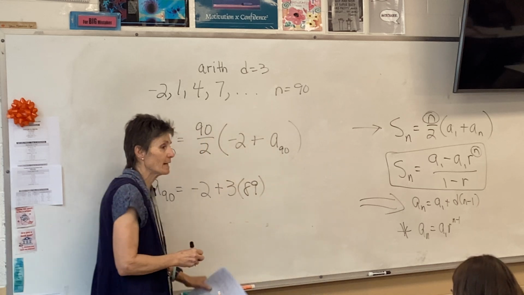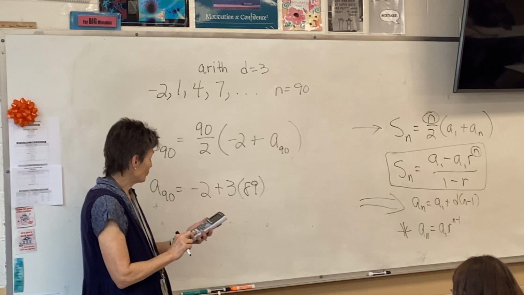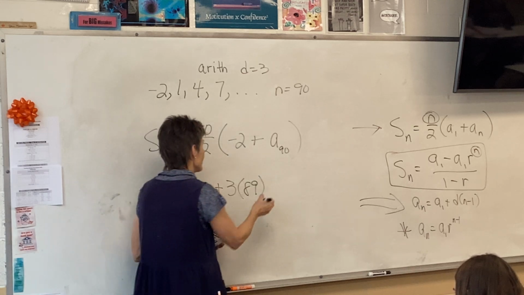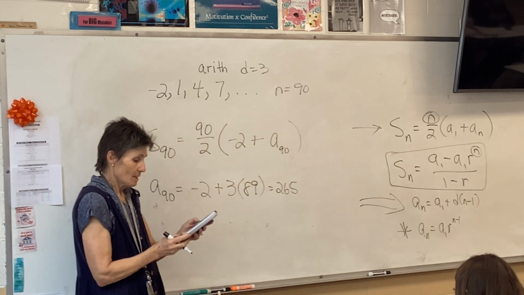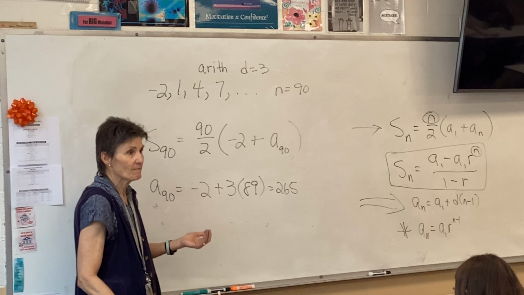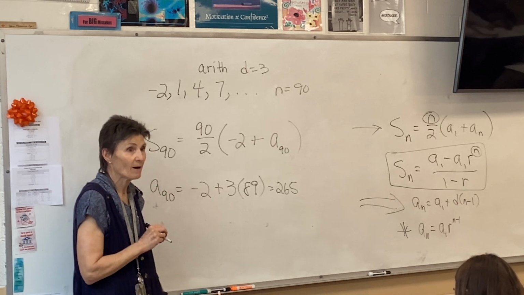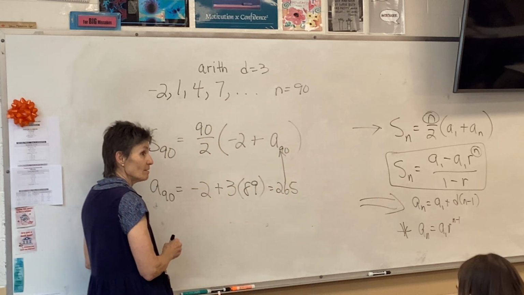And minus 1, 90 minus 1. So, -2 plus 3 times 89 is 265. Does 265 go in the answer blank? No, where does 265 go? Right here, right there?